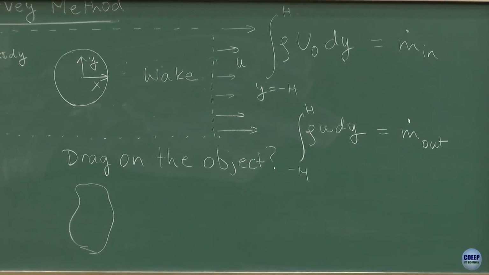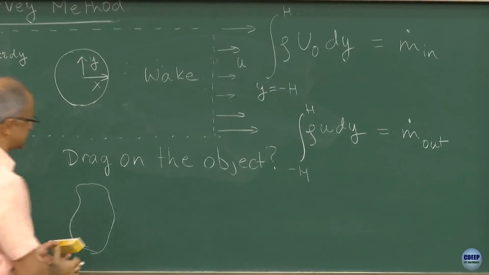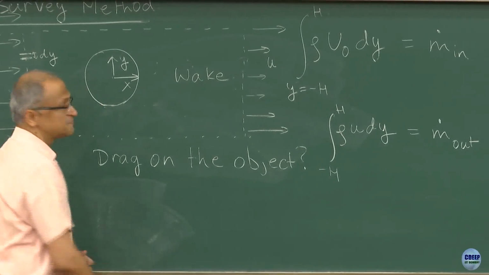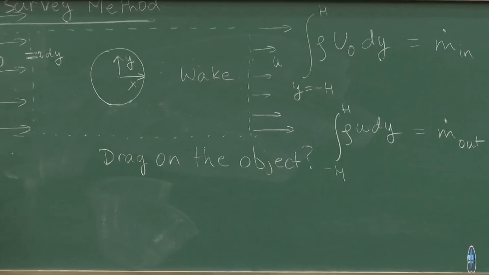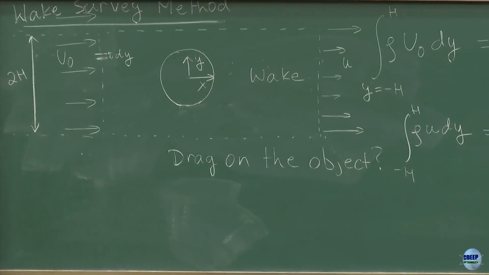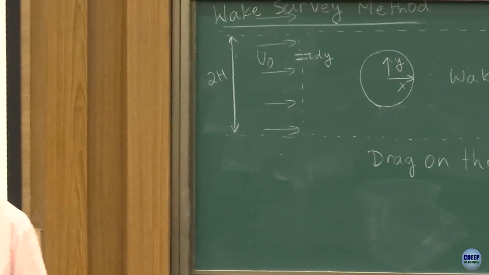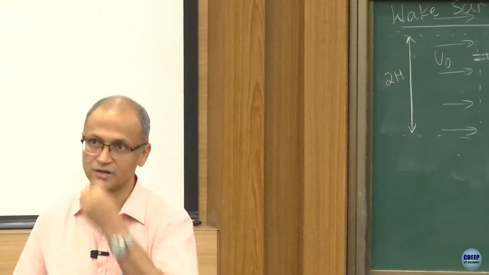So, now what is the first thing that you realize? What is the relationship between m in and m out? Both are equal. Everybody agrees? No, sir. Good. Why do you not agree?